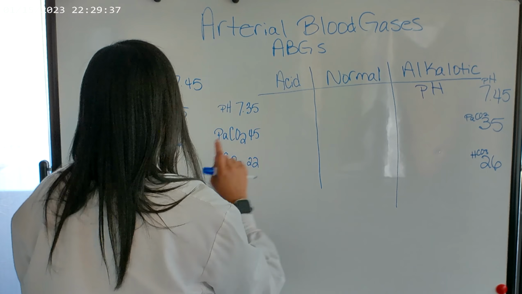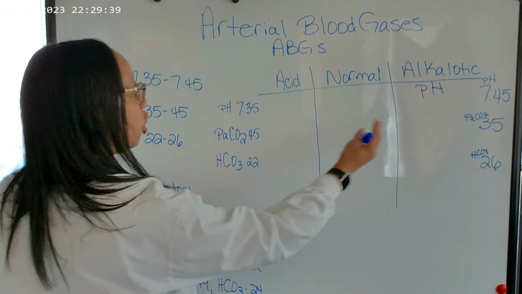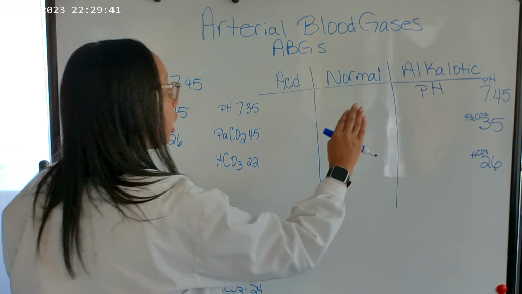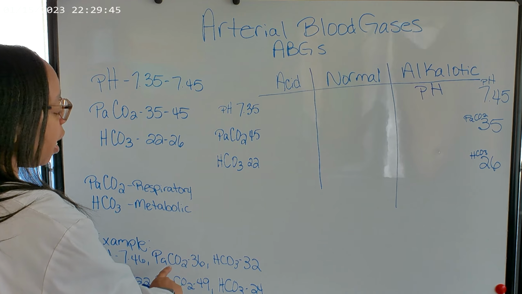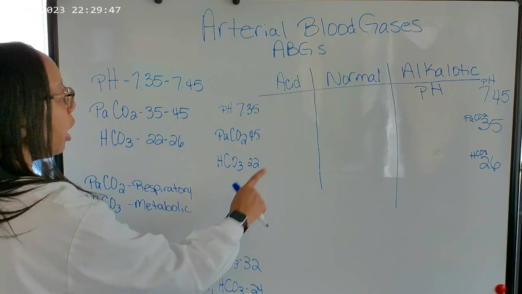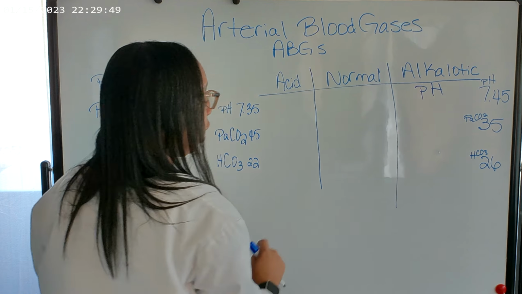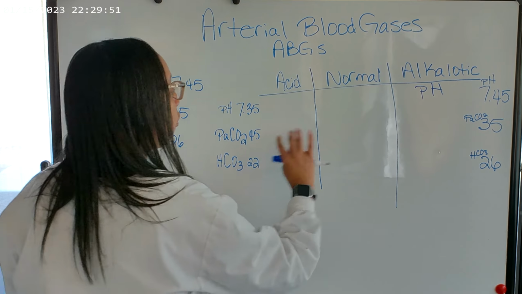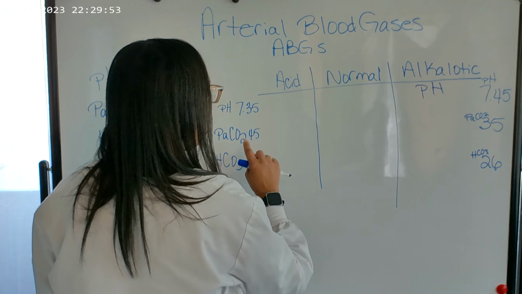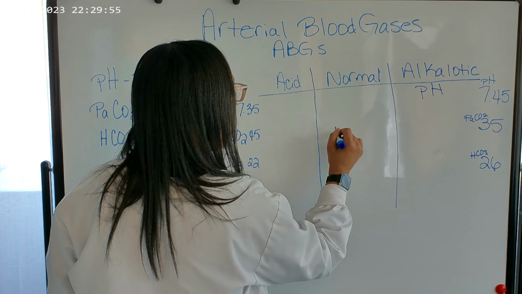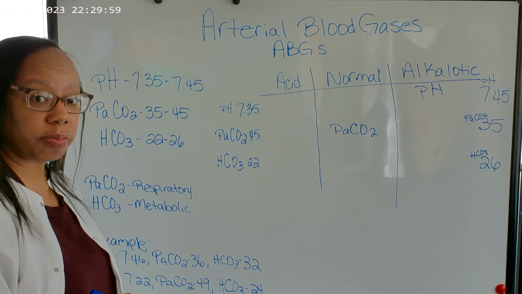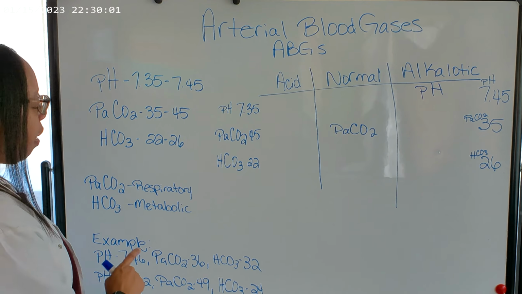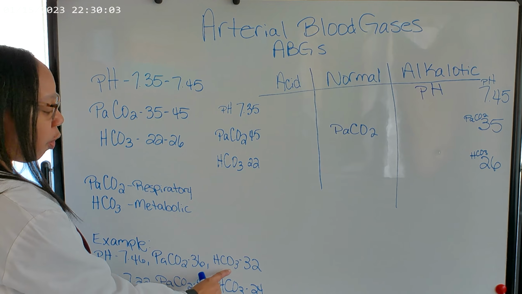Now, our PaCO2 is 36. Remember we said our range is 35 to 45, it's just flipped. But if it's 36, is it acidic, normal, or alkalotic? 36 falls within that range, so our PaCO2 is normal. Okay? And then our bicarb, HCO3, is 32.